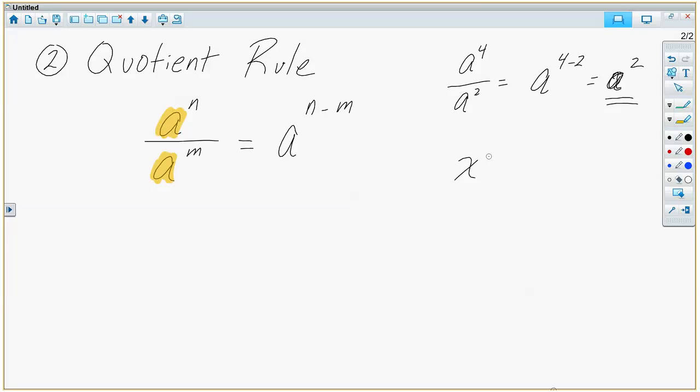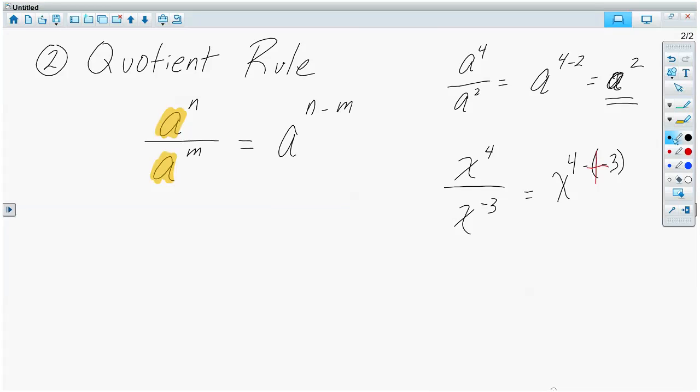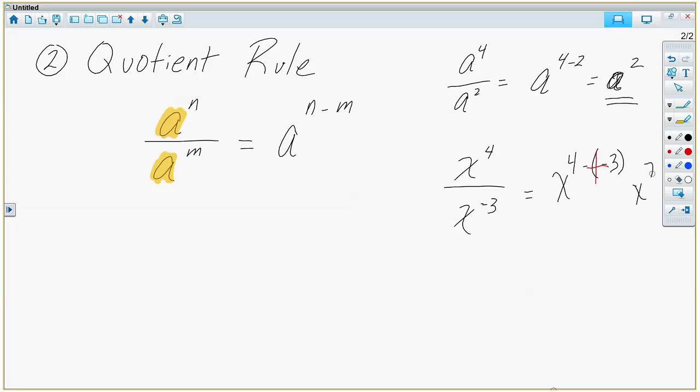X to the fourth over x to the negative 3. Be careful, because you're subtracting. So that would be x to the 4 minus negative 3. And what I told you to do when you saw those two together, that'd be x to the what? 7.